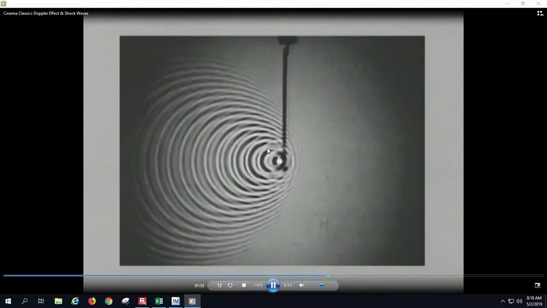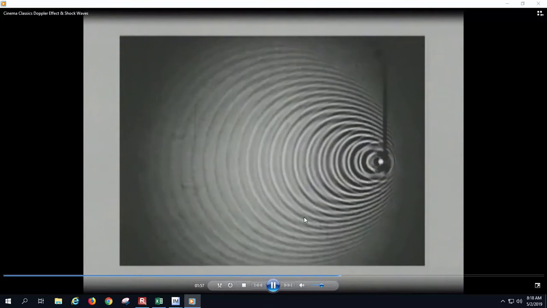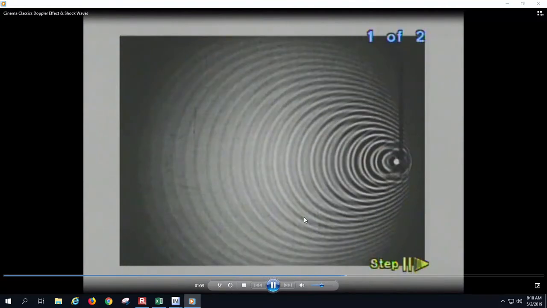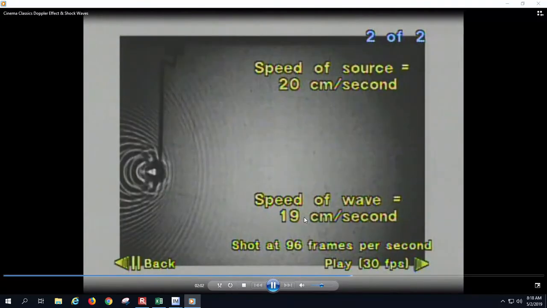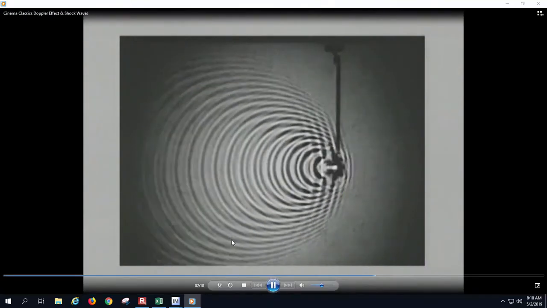Notice the buildup of a front of waves on the forward side of the source. The source is now moving at 105% of the wave speed. Notice the buildup and motion of a shock wave.